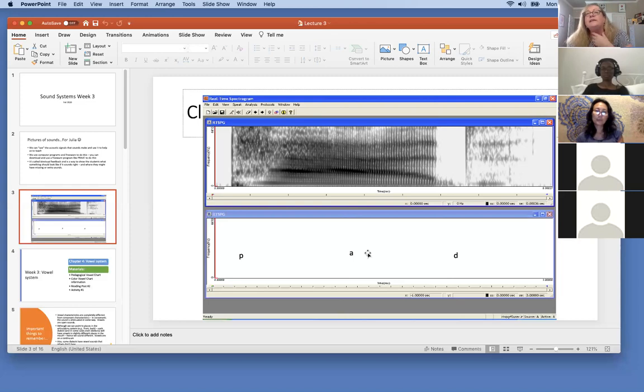So instead of saying listen and repeat, you say repeat and try and match this picture. So if, for example, they're using the wrong vowel, if they're saying pod instead of pad, their vowel formants will look different. If they're not using the D, if they're saying pa instead of pad, this whole part will be missing. So you can say you've got to finish with the D sound in order to get that whole part right there.